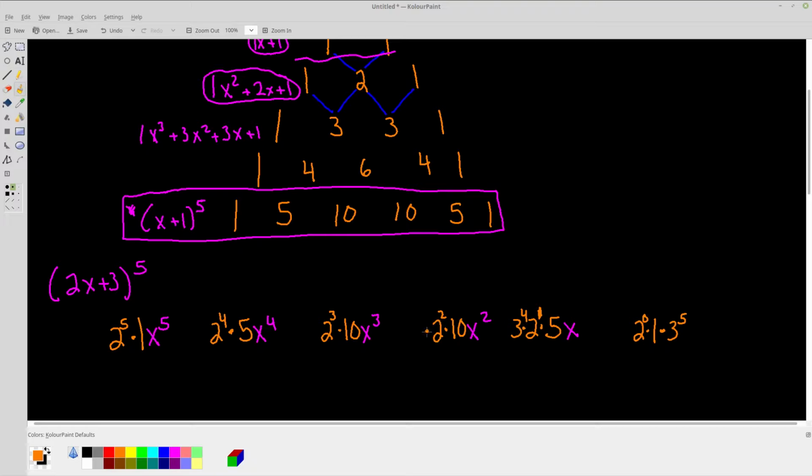And right here, 3 raised to the third. This one will be raised to the 2. This will be times 3 raised to the 1. And this last one, of course, will be 3 raised to the 0 power.